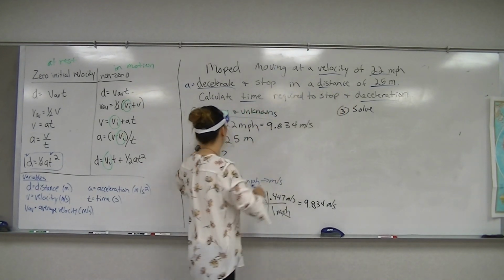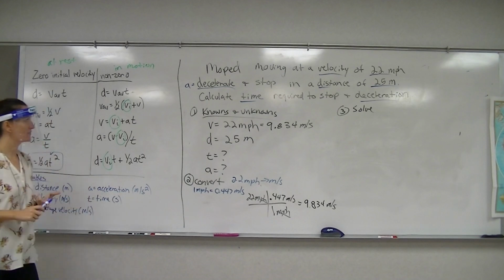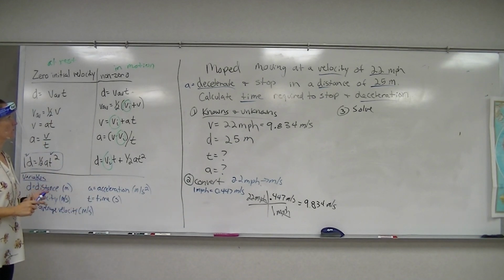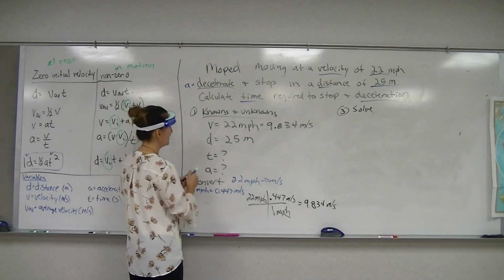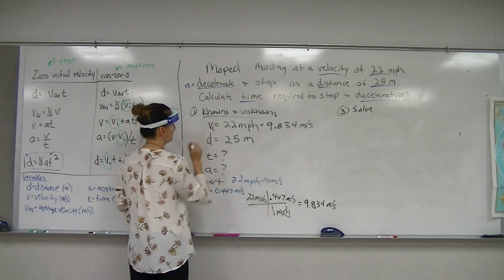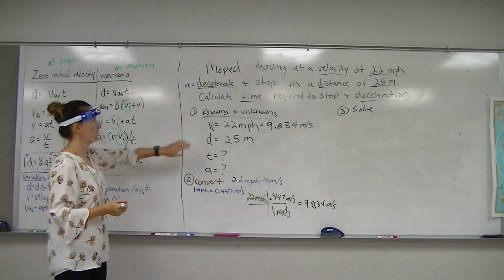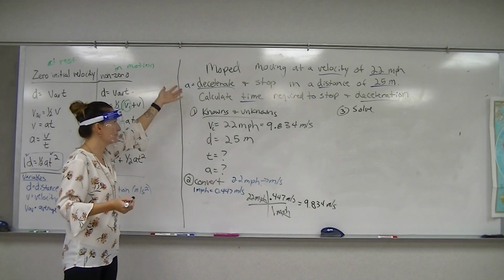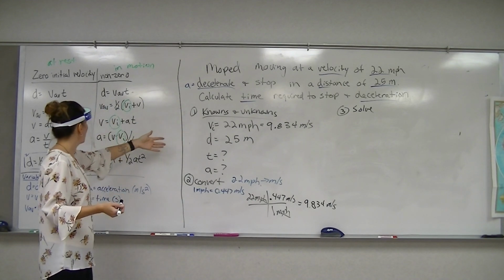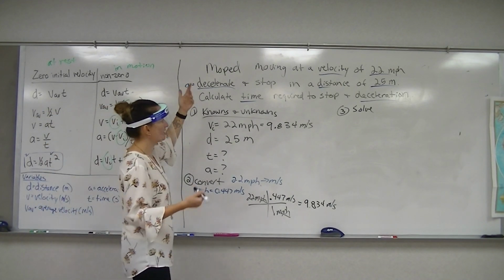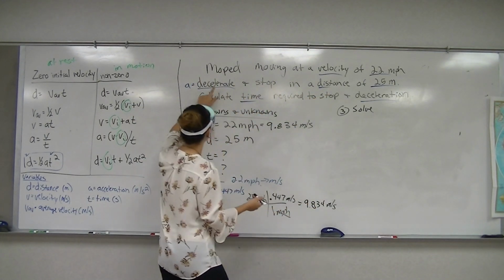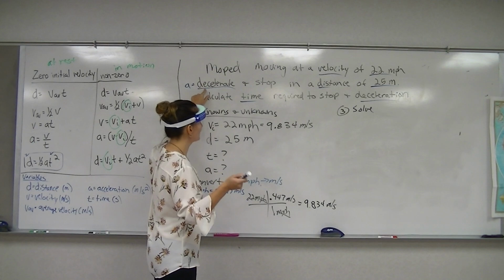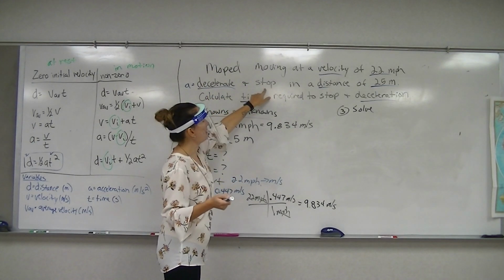22 miles per hour. Is that its initial velocity or its final? So the moped is moving at a velocity of 22. That's going to be its initial. So I need to update this to v sub i. That's my initial velocity. There, the moped is initially moving at 22. Okay, well then what would my v be? They didn't give me a second number. Let's read. Initially moving at 22, then it decelerates, which we said means slow down, and stops.